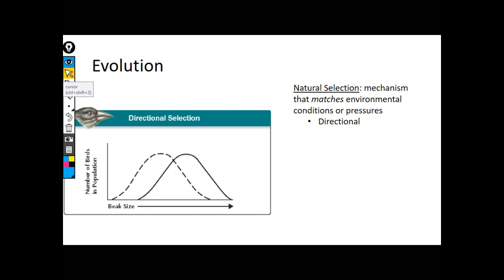So the first thing we want to look at is directional selection. That's what we just looked at, right? We went from green to orange. All right, so this is what we mean by directional.